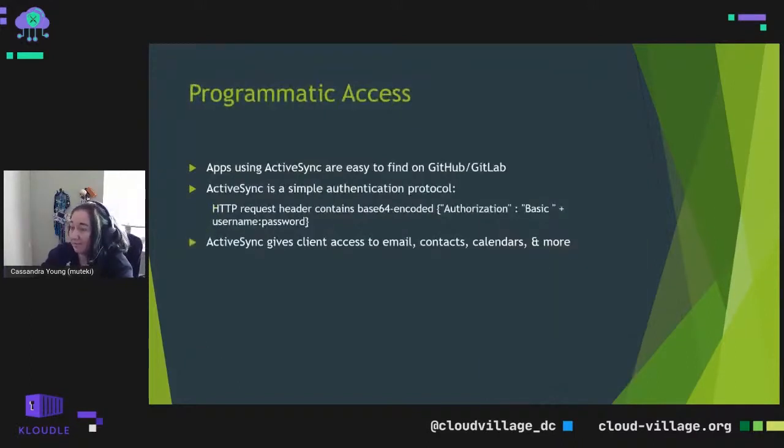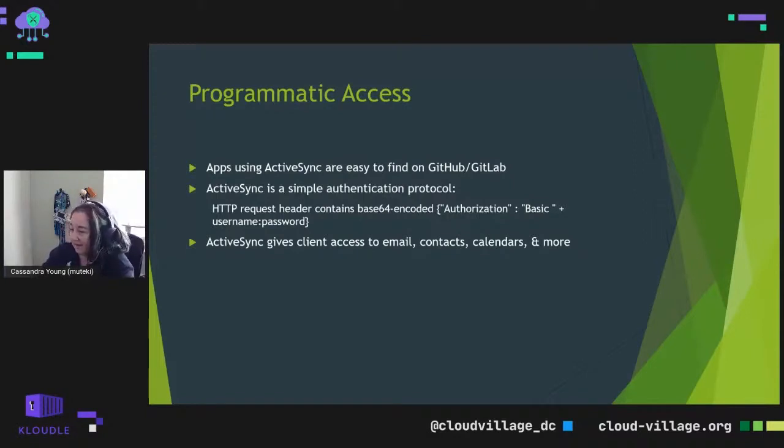This is also important to note because Activesync as a protocol is something that you can build right into an application, or run a script and password spray on an EC2 instance in AWS if you want to. Basic authentication literally is just a base64 encoded header addition that states what the authorization is. It's basic, includes a username and password. That's it. Pretty easy.